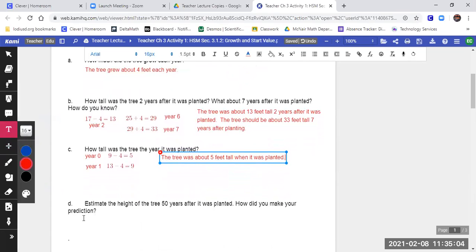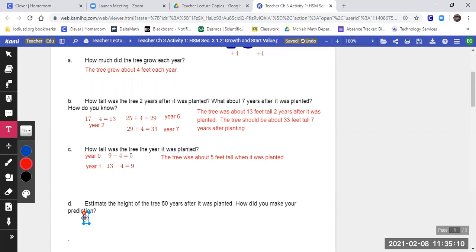So, about how tall do we think the tree is going to get in the year 50 after it's planted?